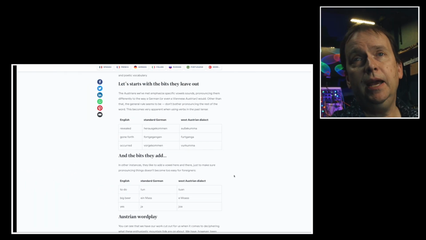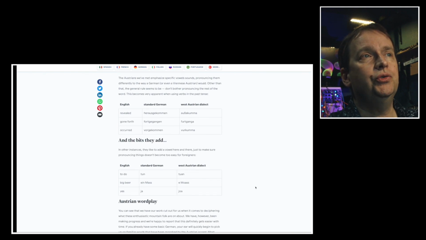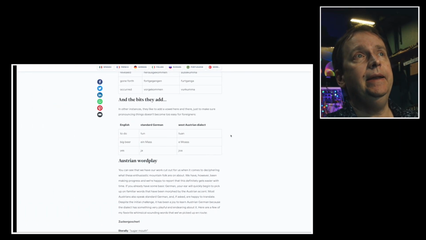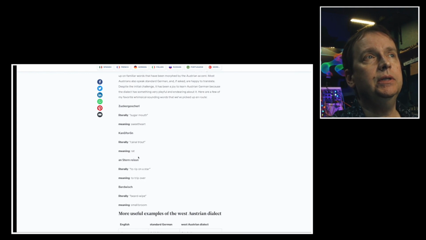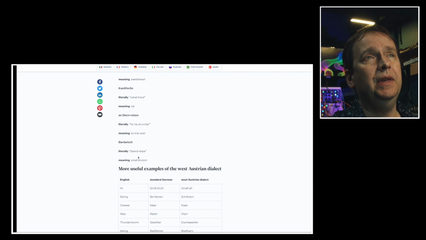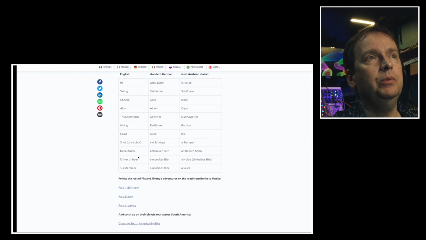So you could look at examples, and you don't have to know German to do this, for different words, and how in standard German you have vorgekommen versus verkumme in the West Austrian dialect. You can also see adding vowels to various words, and you can see other examples of words that look nothing like their High German counterparts.